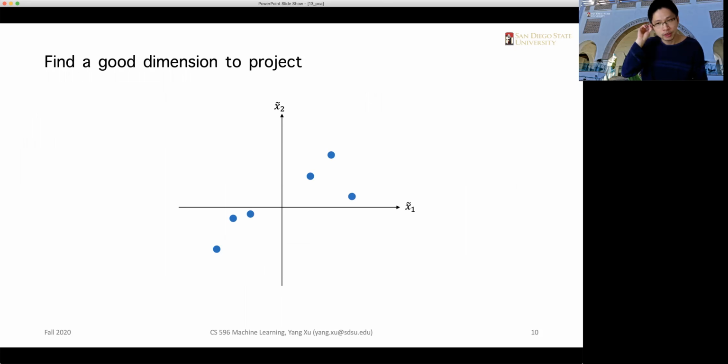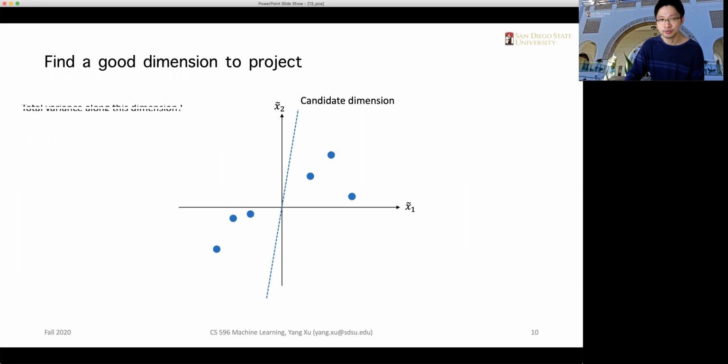We can find this new dimension by trials. We can try different angles. This could be our first candidate dimension, and we can see how much our data spread along that dimension by making projections of the data onto this dimension.